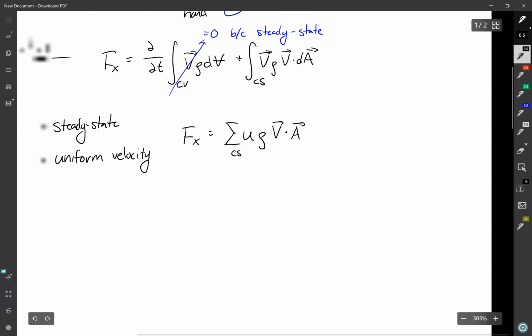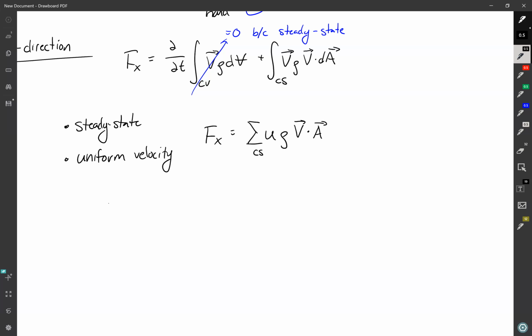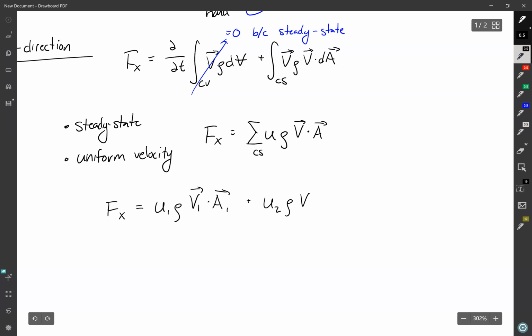We only have to care about surfaces 1 and 2. So this is going to give us the net force in the x direction equal to u1 rho v1 dotted with the area of surface 1 plus u2 rho v2 dotted with A2.